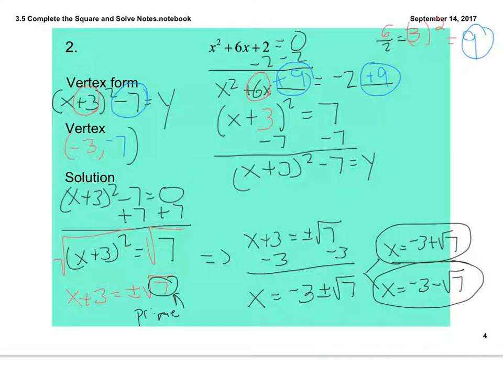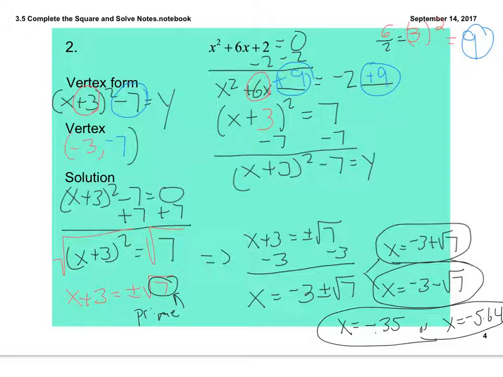If you do put them into the calculator, x would be equal to negative 0.35, or x would be equal to negative 5.64. Okay. Decimal or radical number is fine, though I prefer the radical sign.